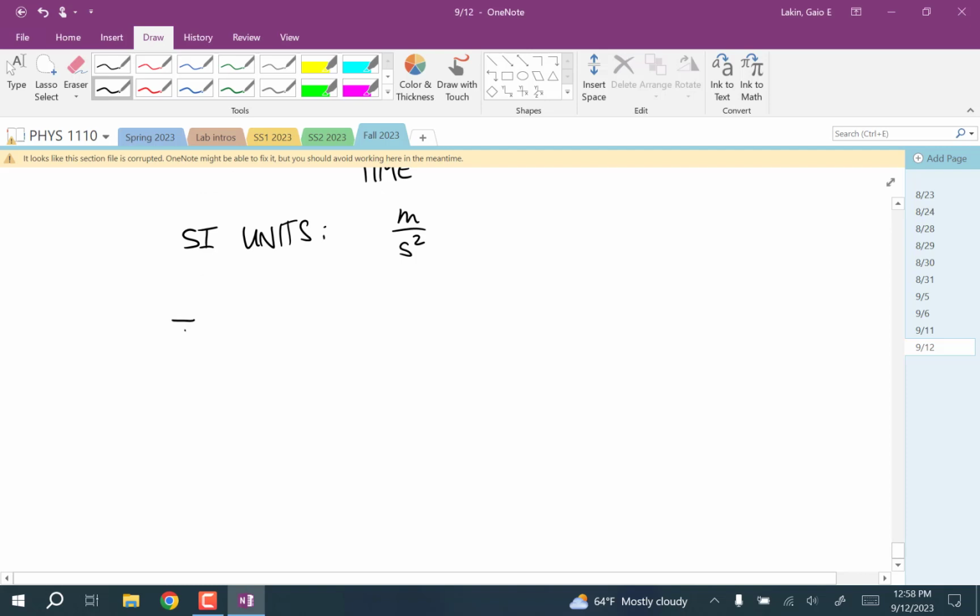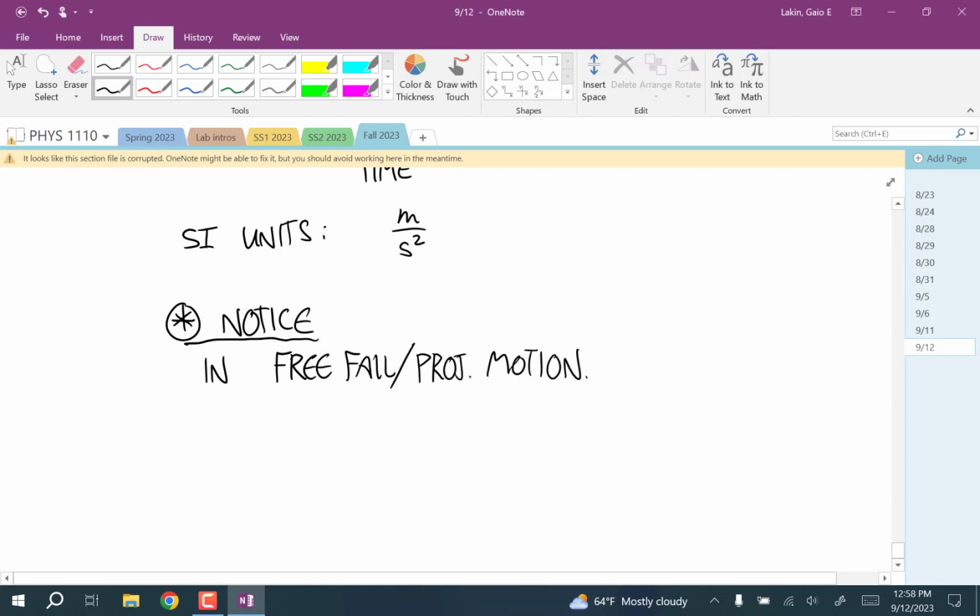And there's one more thing that I want you to notice. In free fall and projectile motion, if you choose your y-axis up, which we usually will, not always, but usually, gravity accelerates things down, and so the acceleration is always 0 for x, negative 9.81 for y.